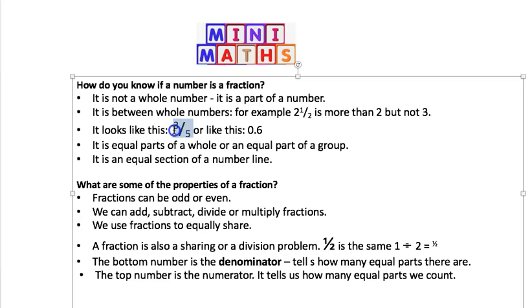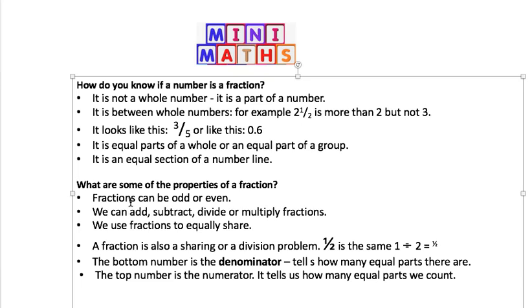A fraction looks like this. Another way to show a fraction is a decimal fraction, like that. A fraction is if you take a whole group and share it equally. And it's an equal section on a number line if you are counting. Now, the nice thing about fractions is you can do the same thing with fractions as you can do with numbers.